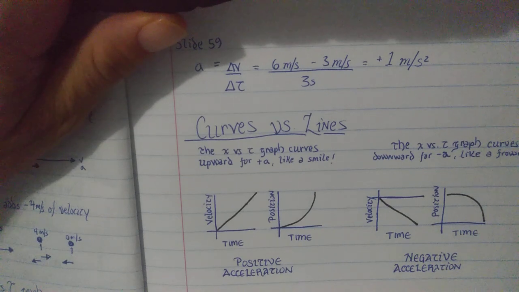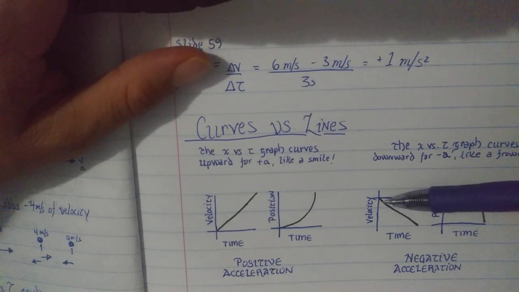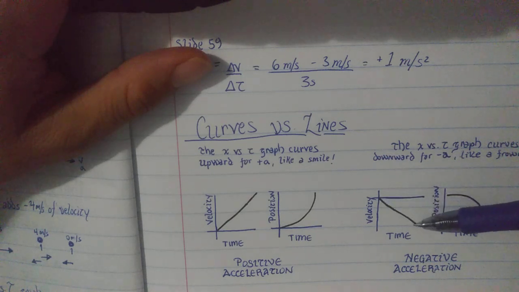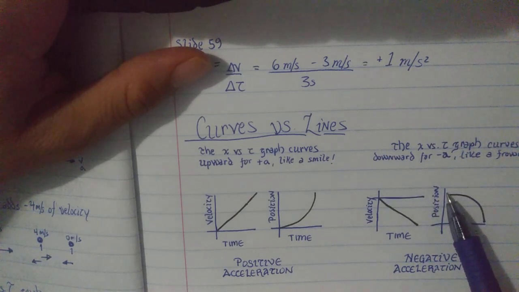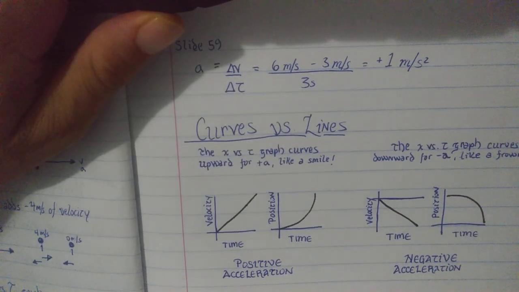All right, and then negative acceleration. If your velocity is decreasing, you'll have a negative acceleration, and that is a negative curve on a position versus time graph. Because position is coming back down, and it's slowing down too.